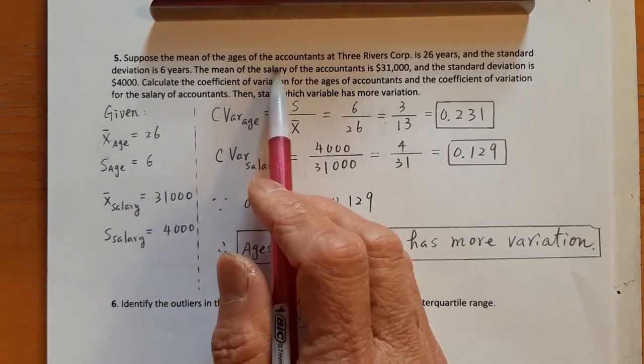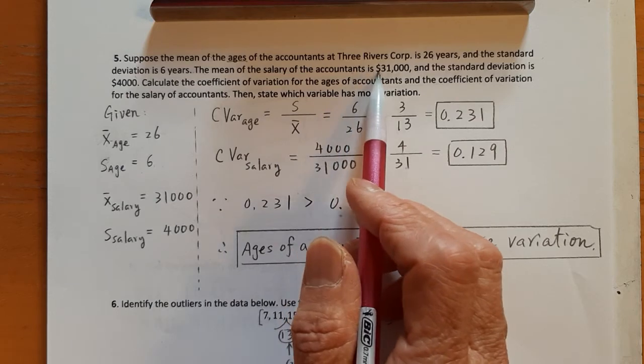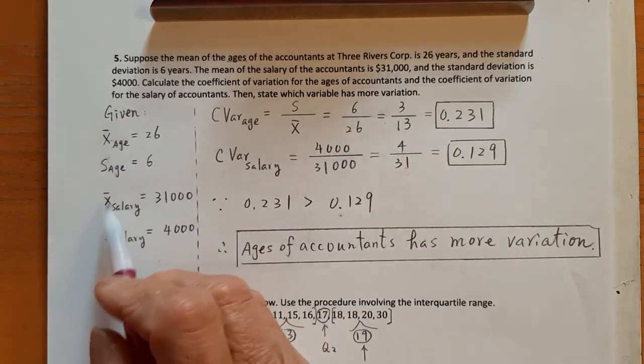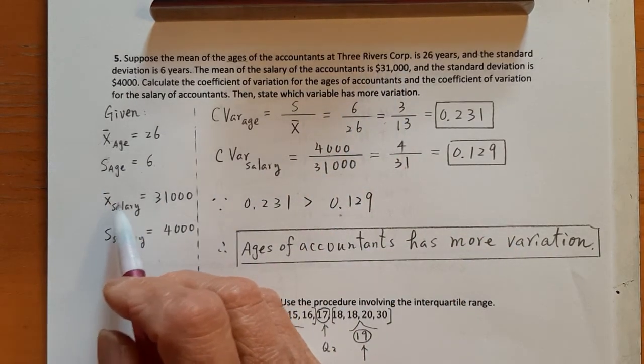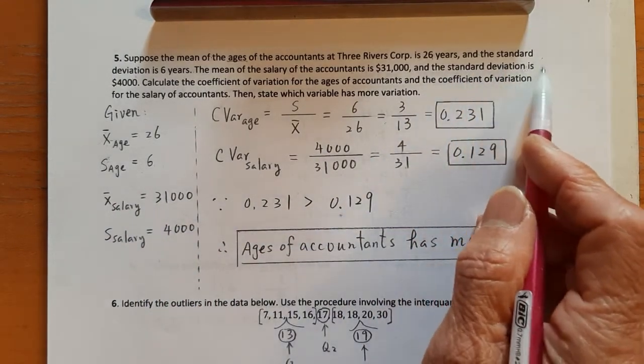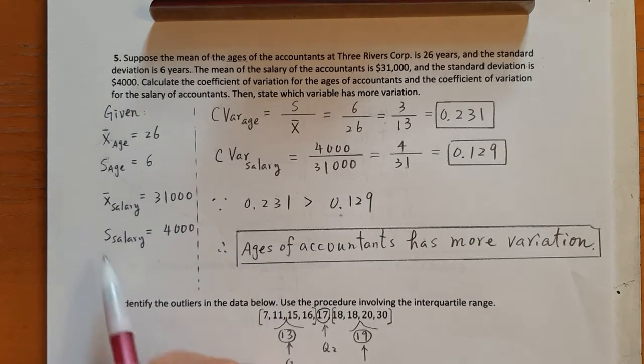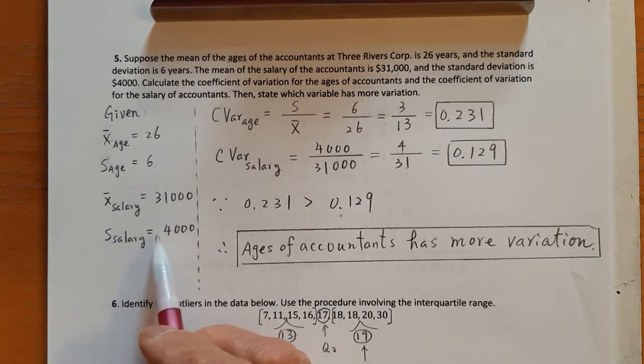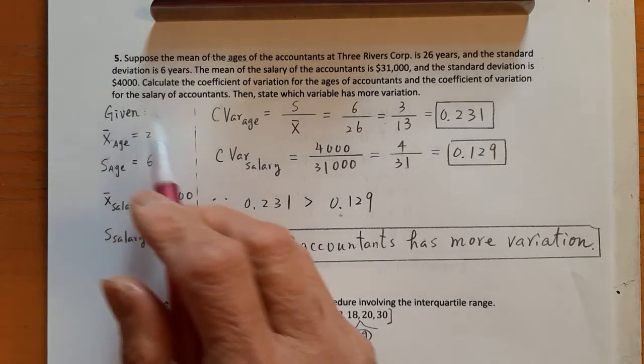The mean of the salary of accountants is $31,000. So X bar for salary is $31,000, and the standard deviation is $4,000. So S salary is $4,000. Those are given.